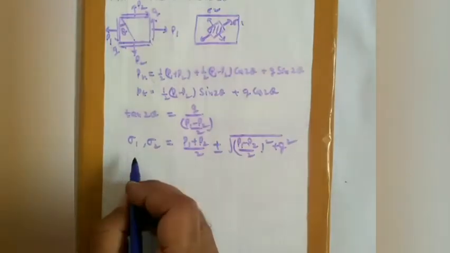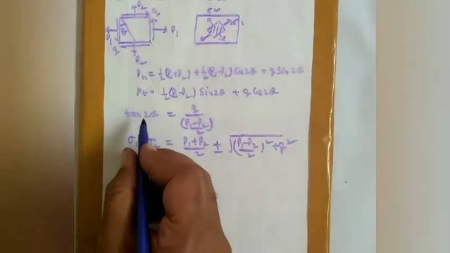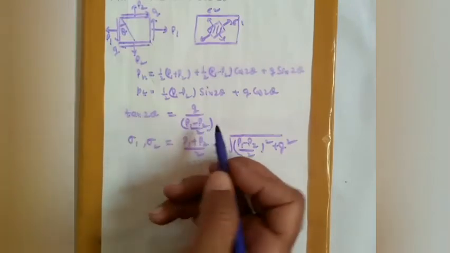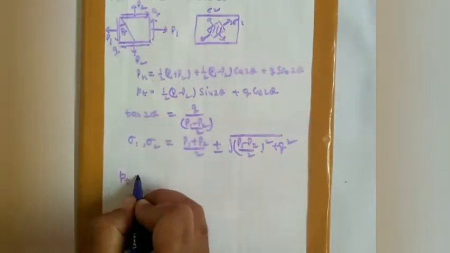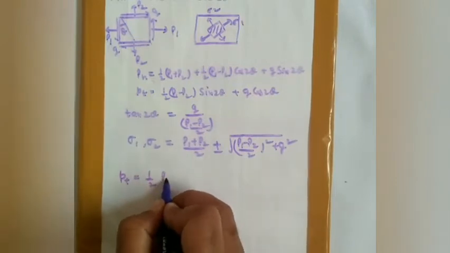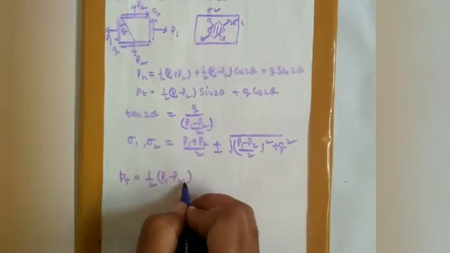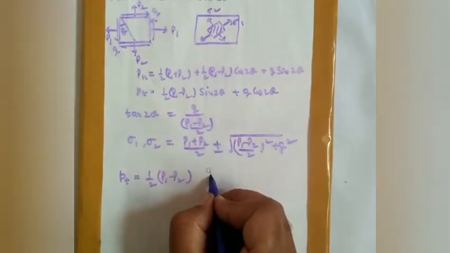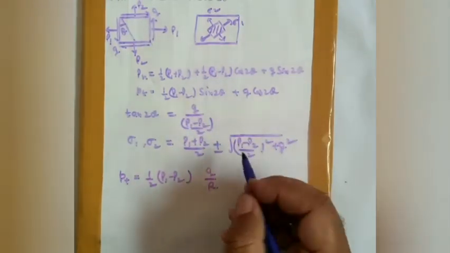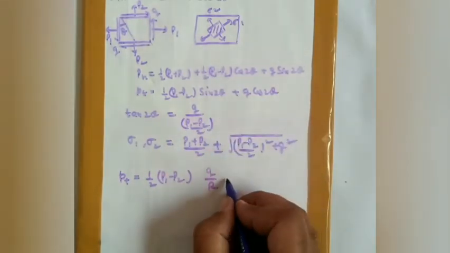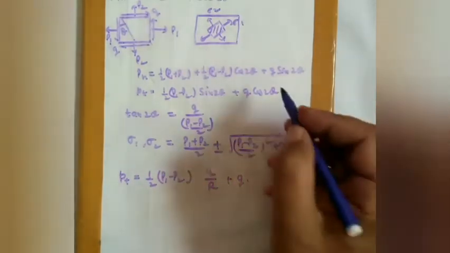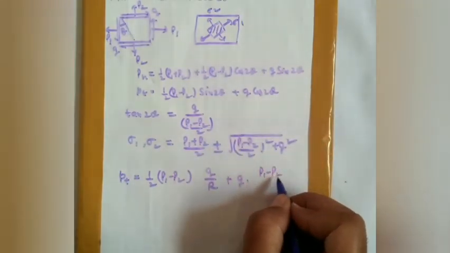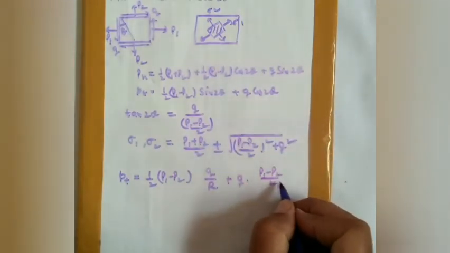So let us find out the value of Pt for theta such that tan 2 theta is q by (P1 minus P2) by 2. So Pt is equal to 1 by 2 (P1 minus P2) sine 2 theta, and we can put value q by r for sine 2 theta, plus q cos 2 theta, for which we can put value (P1 minus P2) by 2r.